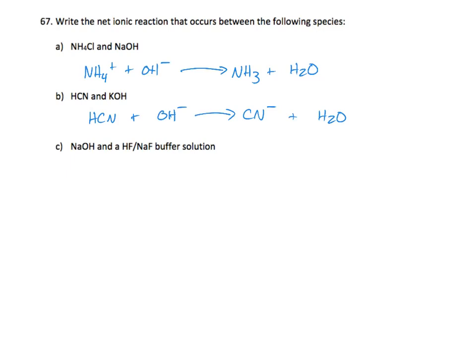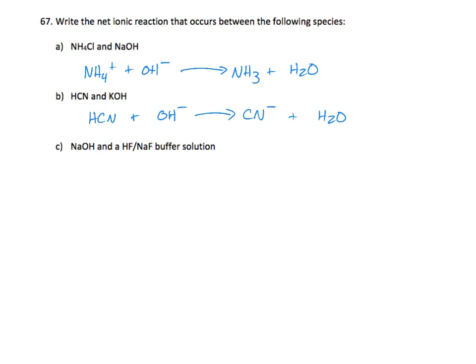Last, you have NaOH and an HF-NaF buffer. So what we have present here is hydrogen fluoride, sodium fluoride, and NaOH all mixed together. But the sodium hydroxide is only going to react with the HF part of the buffer. It's not going to react with the F-.